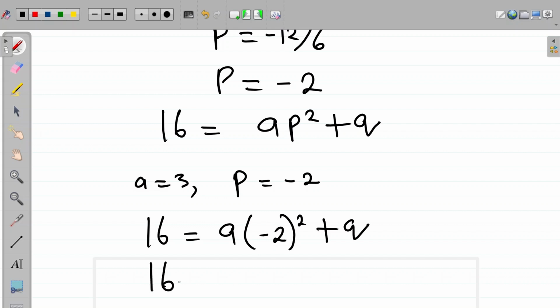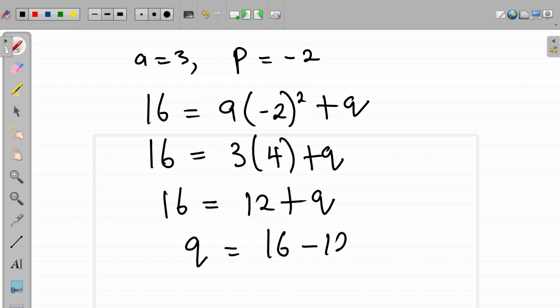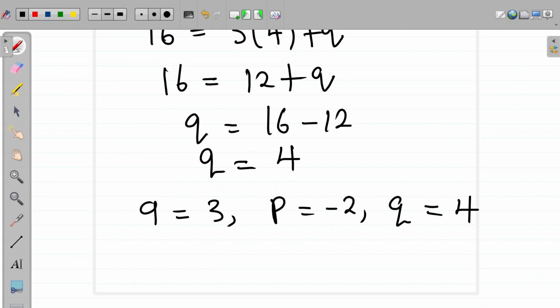So we have 16 equal to 3, open a bracket, minus 2 squared is 4 plus q. So we have that 16 is equal to 3 times 4 is 12 plus q. So q is equal to 16 minus 12. Therefore, q is equal to 4. Thus, we have obtained that a is equal to 3, p is equal to minus 2, and q is equal to 4.